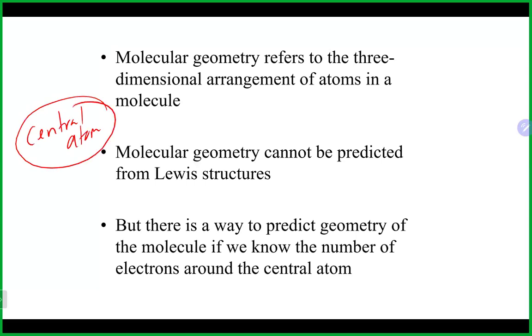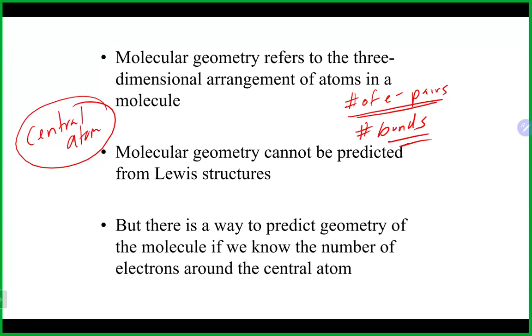It boils down to looking at two things: the number of electron pairs around that central atom, and those could be dots, those could be lines, it doesn't matter, and the total number of bonds. These are the two most important things when assigning geometry to a molecule.